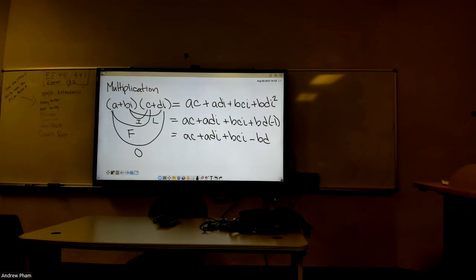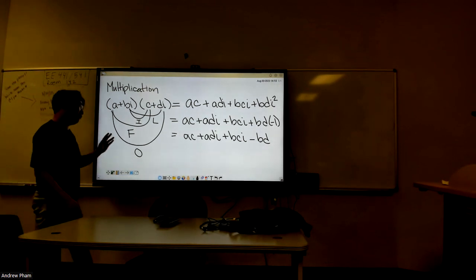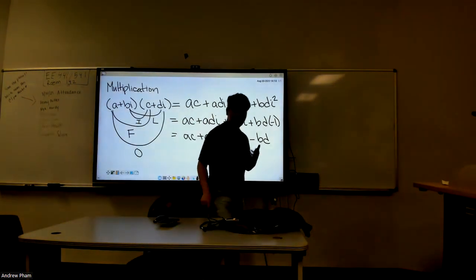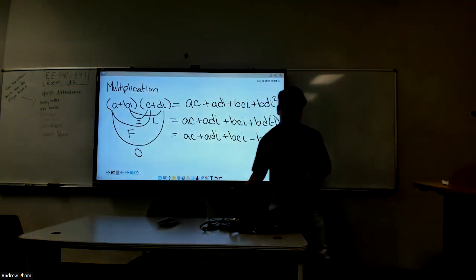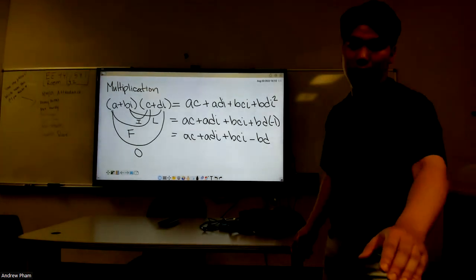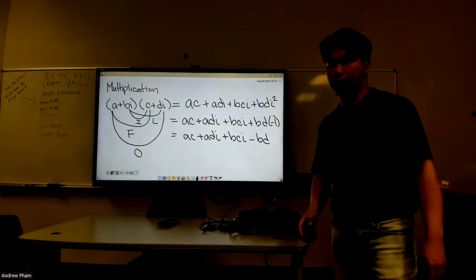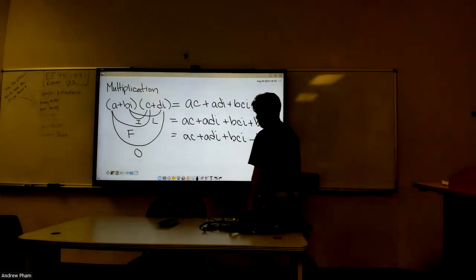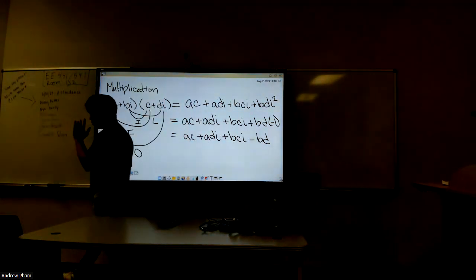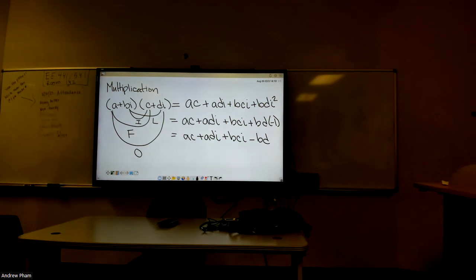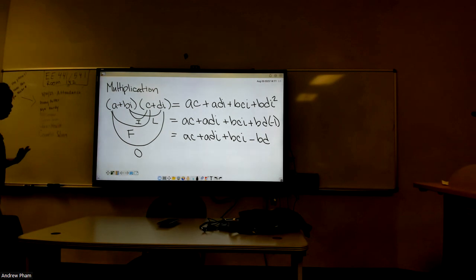Don't get too caught up in all of these letters. You're going to see what I mean whenever we actually do the examples. All right, so this is how we do multiplication with complex numbers. We are, for the most part, FOILing or just multiplying as we would normally.